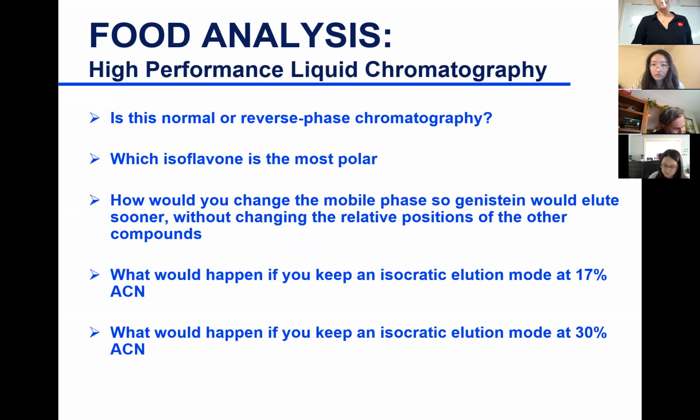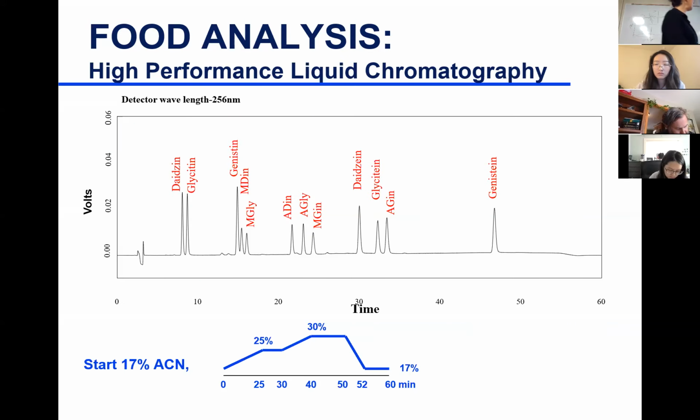What would happen if you keep an isocratic elution mode at 17% acetonitrile? So if I don't do gradient, what's going to happen? If I'm running only 17% acetonitrile, what am I going to see? Anastasia. Longer elution time and wider peaks too.